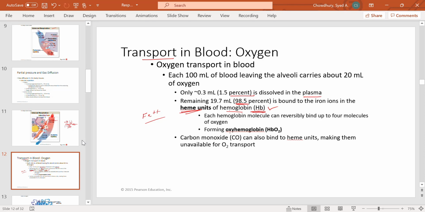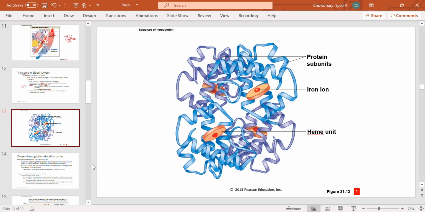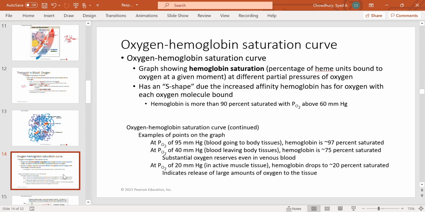And when oxygen binds with hemoglobin, that hemoglobin is called oxyhemoglobin, HbO2. It looks bright red. This is a hemoglobin structure. So you can see this is heme, this is iron, and O2 binds with this.